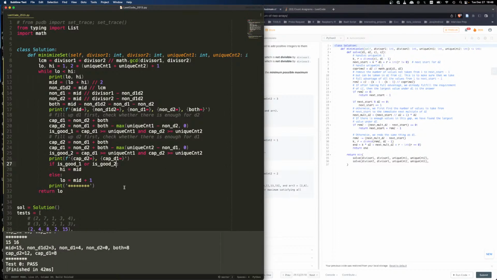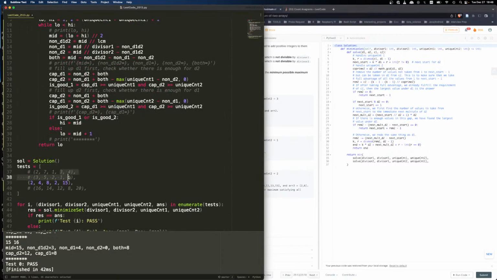This one passes. Yeah, I think sometimes capacity 1 doesn't fulfill, but capacity 2 might be able to fulfill, and then we just let it pass. That's why it's not right. Okay, so we'll comment out and run all of them again.